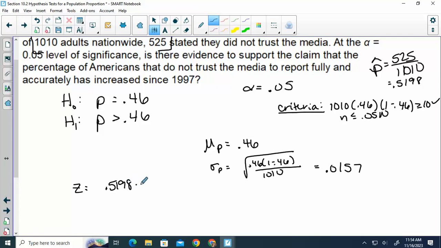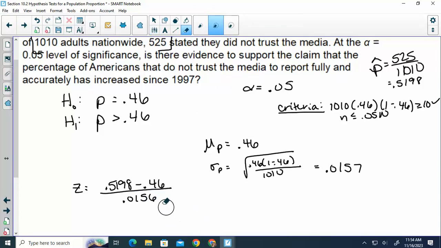Our value minus the mean divided by the standard deviation. 3.81.